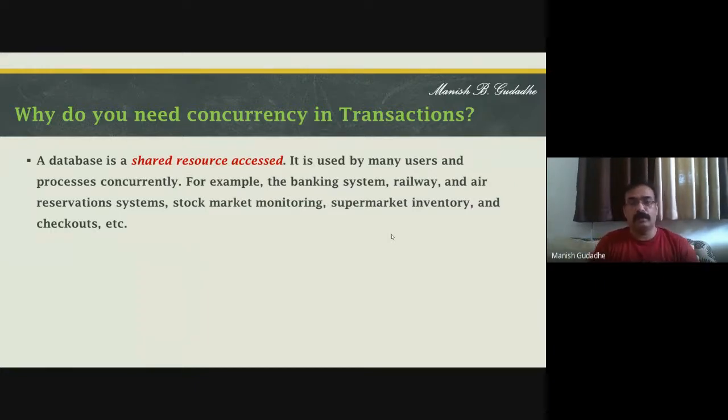Most of you are well experienced that when you try to book a ticket, sometimes the same seat number is allotted to two passengers. It happens because of concurrent transactions. That is a failure of the DBMS, the database management system, to address that concurrency.